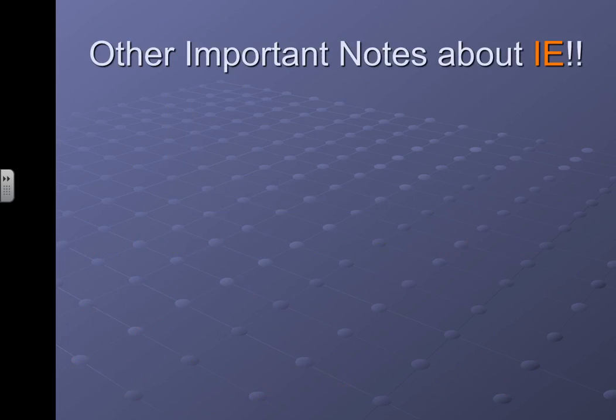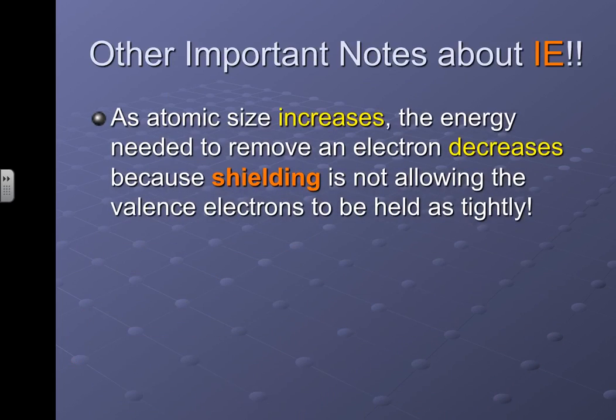A couple other important notes about ionization energy, or IE. First off, as atomic size increases, the energy needed to remove the electron decreases, and that's because of shielding. If you compare lithium to sodium, to potassium, to rubidium, to cesium, going down group 1A, you would see the atomic size increase, and you would also see the ionization energy go down, and that's because of shielding.